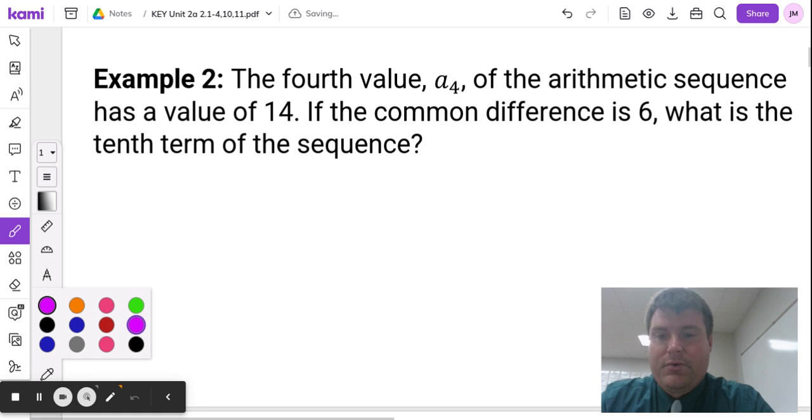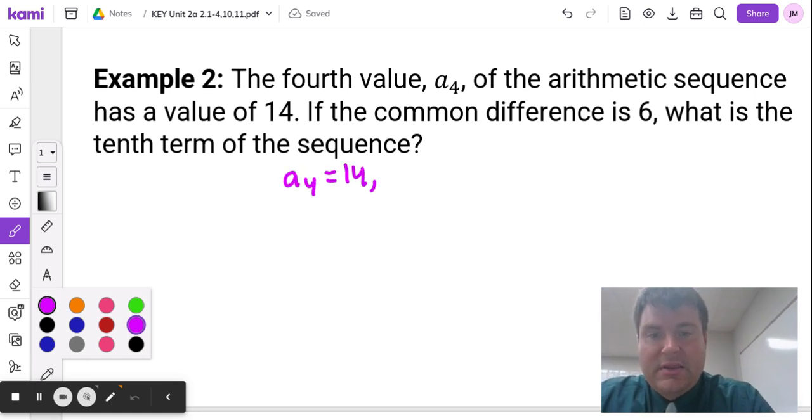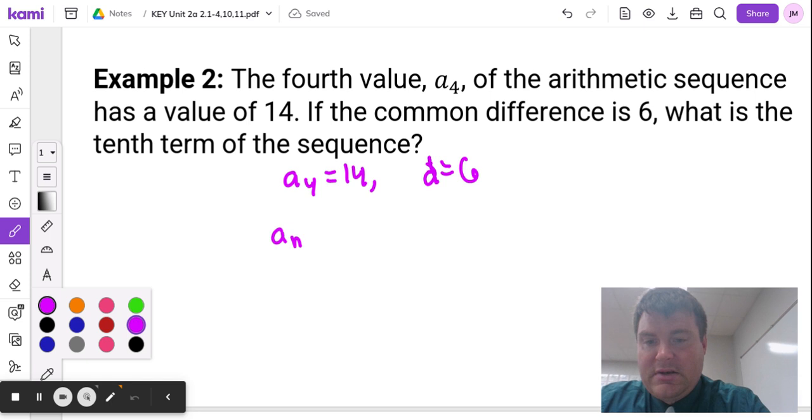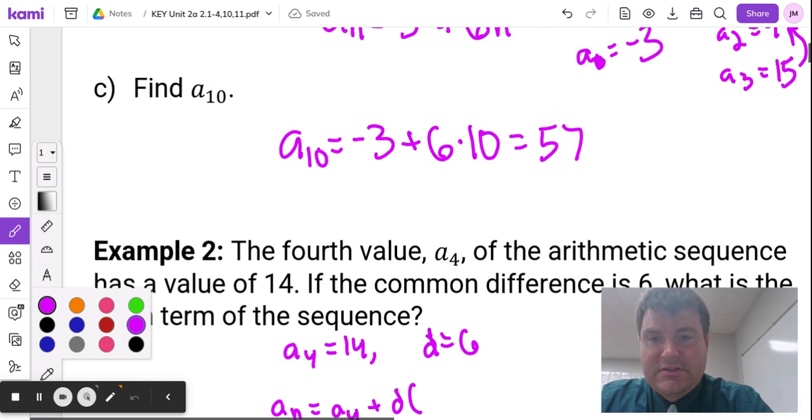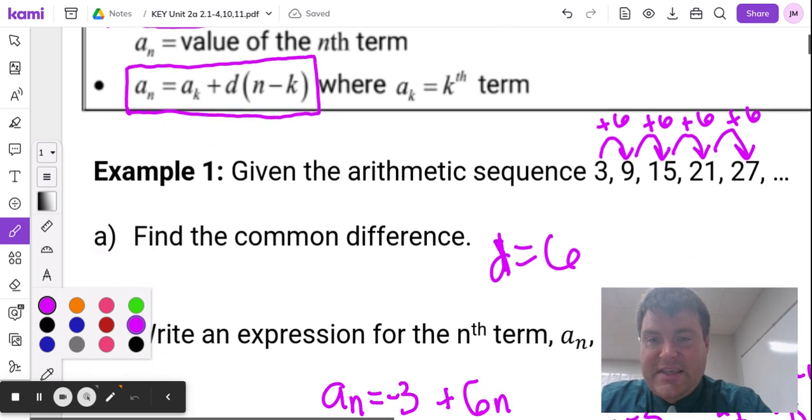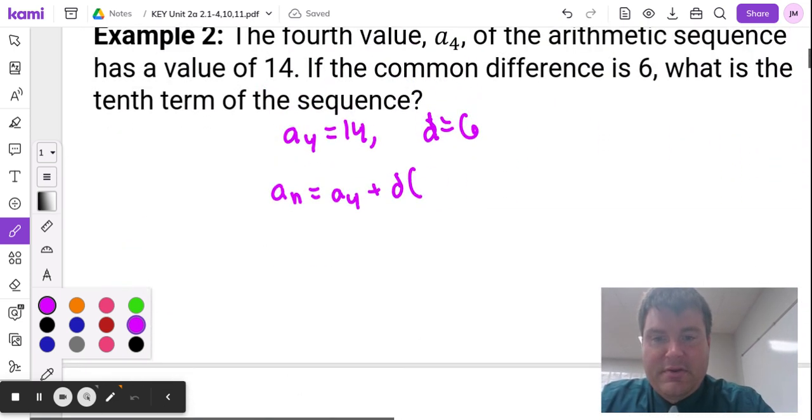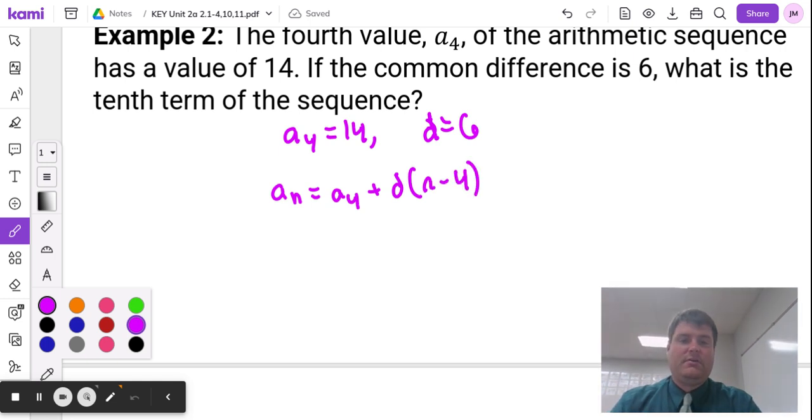Since a sub 4 is equal to 14 and the common difference d is equal to 6, I'm going to use a sub n equals a sub k, which is a sub 4, plus d times n minus k. So it's n minus 4.